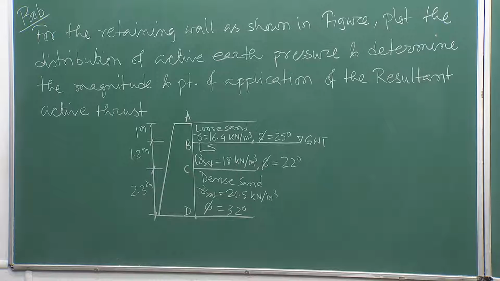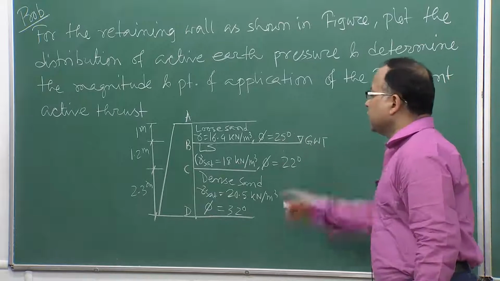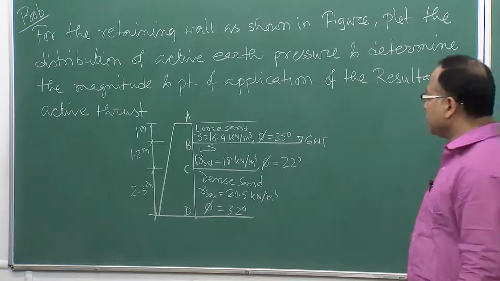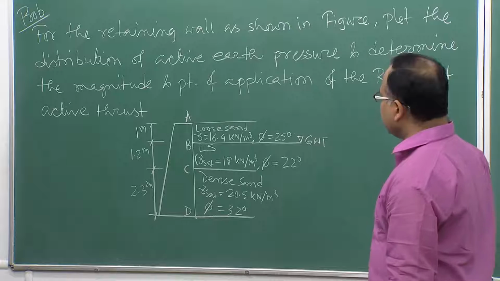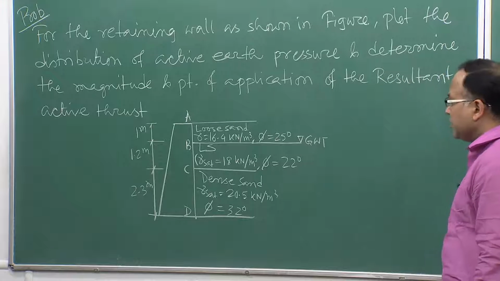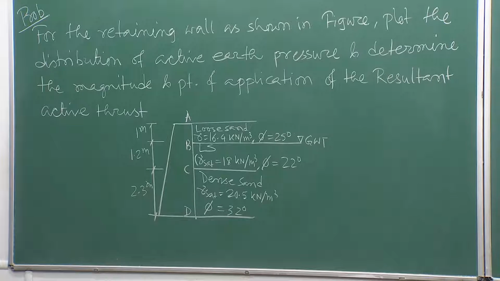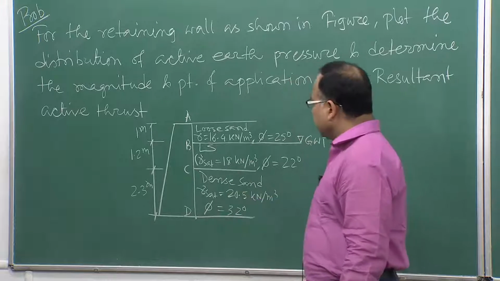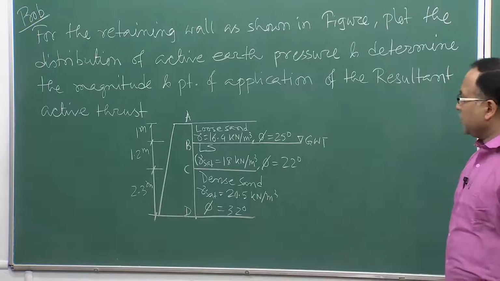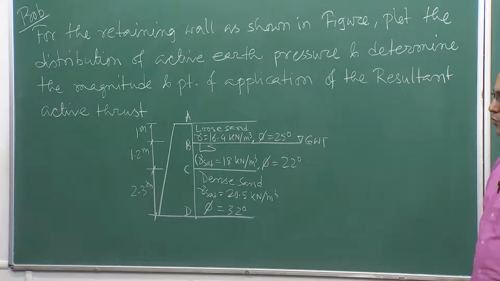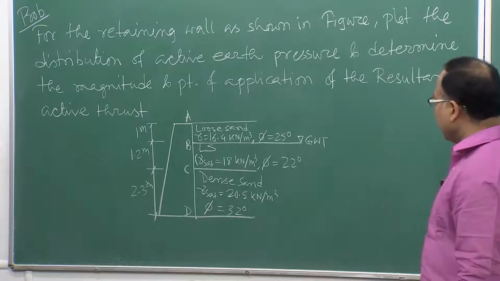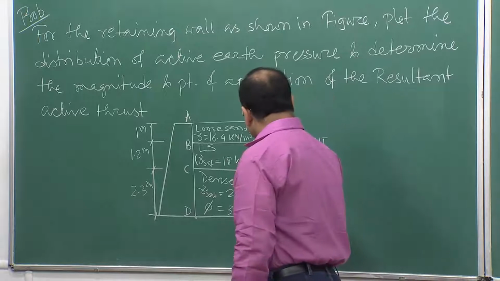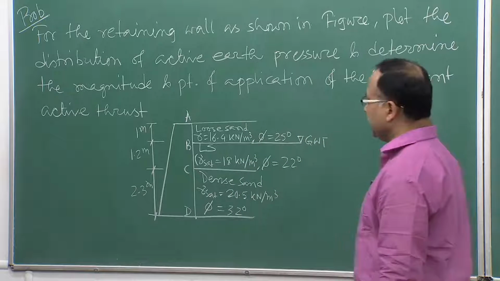The second layer, stratum 2, is also loose sand, with gamma saturated equal to 18 kilonewton per meter cube and phi equal to 22 degree. Whereas the third layer, stratum 3, is dense sand, with gamma saturated equal to 20.5 kilonewton per meter cube and phi equal to 32 degree.